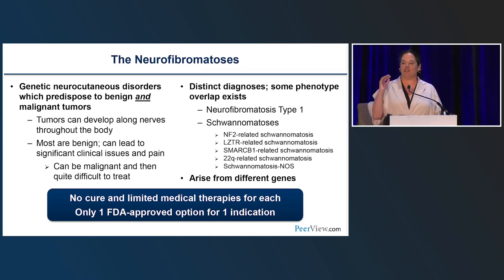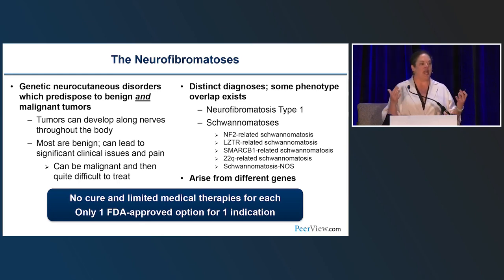These are distinguished basically by what gene is resulting in this neurocutaneous disorder. The schwannomatoses are NF2-related if there's a genetic pathologic variant in the NF2 gene, or LZTR1, SMARCB1, or 22q-related. And then there are some schwannomatoses where we can't identify the gene. Those are now known as schwannomatosis NOS.